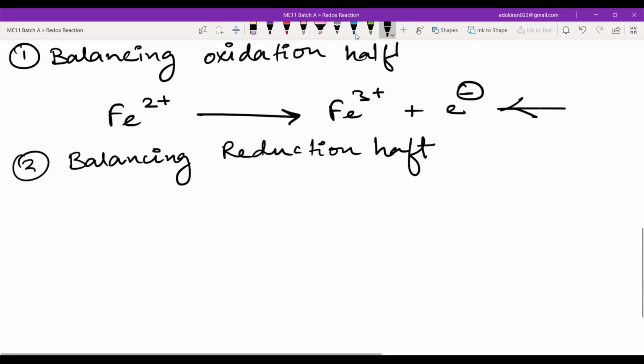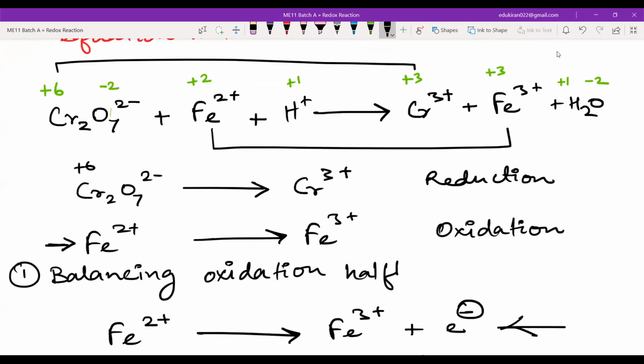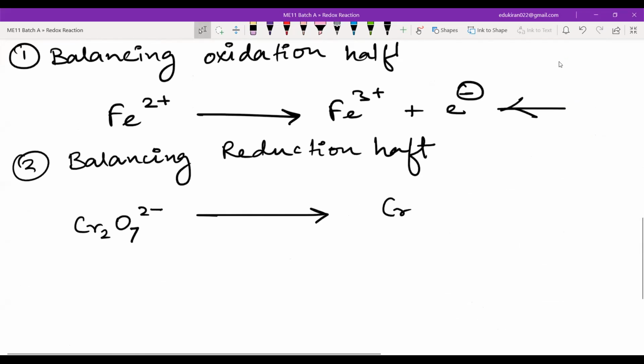Now, Cr, the oxidation state is plus 6. So it is going from plus 6 to plus 3. Now tell me, per chromium, how many electrons will be used? To go from plus 6 to plus 3, how many electrons do you need? 3 electrons. Okay.